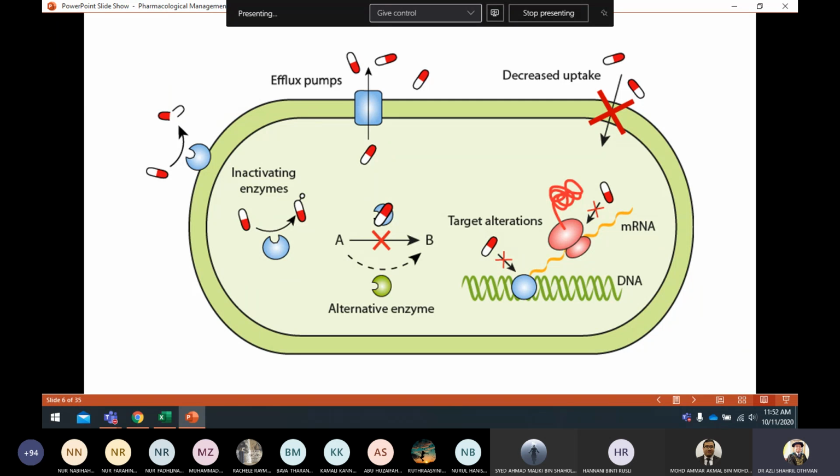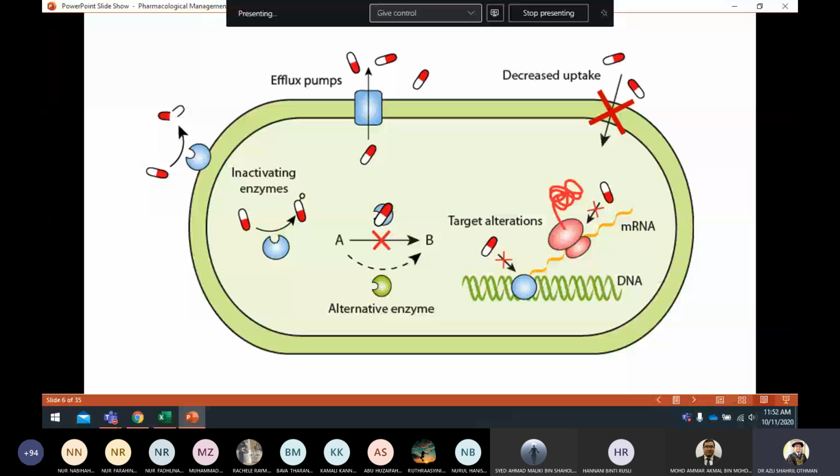And there are a few drugs and a few bacteria that already exhibit these mechanisms of resistance quite clearly in terms of the science. So these kinds of questions in terms of the inactivating enzymes are more commonly asked at undergraduate level. So that's one tip for today.